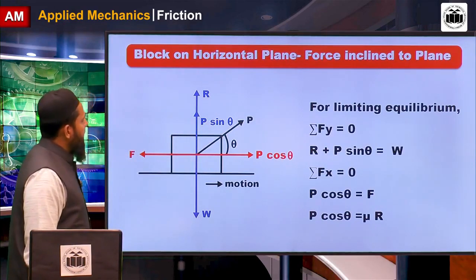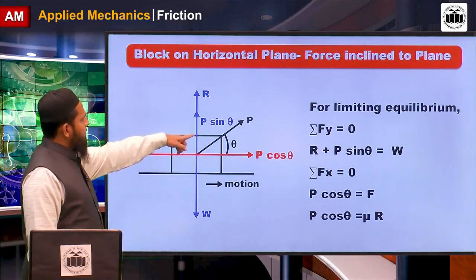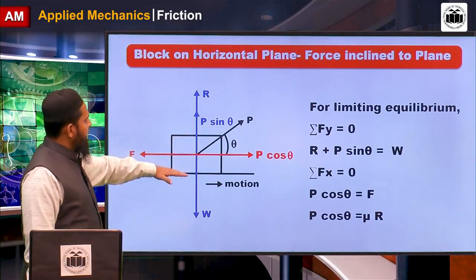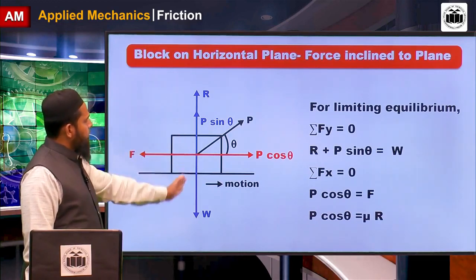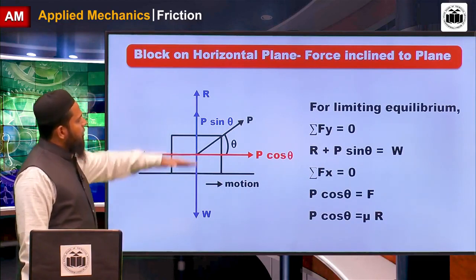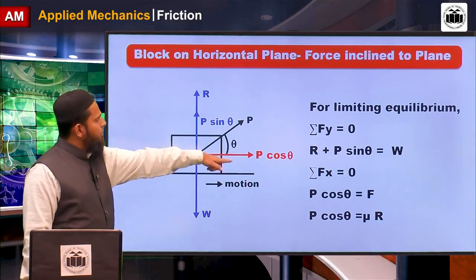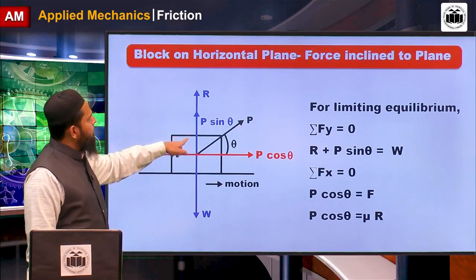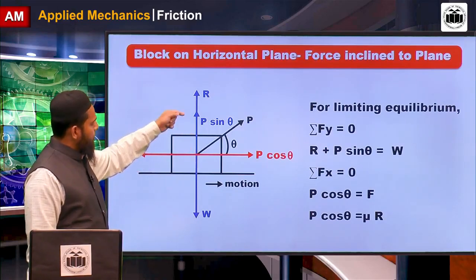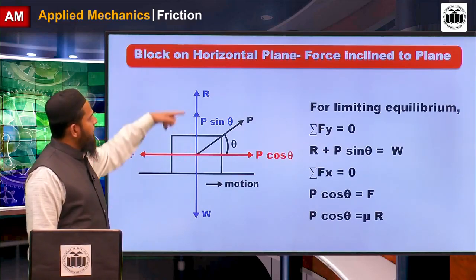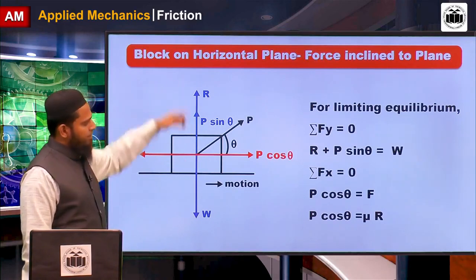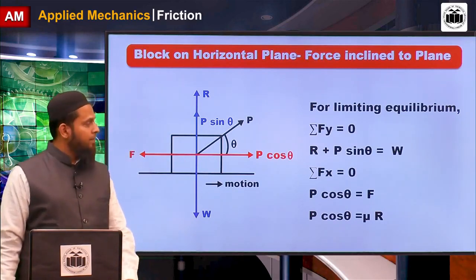In this type of problem, first resolve the pulling force in two directions orthogonally, along the plane and across the plane. Along the plane, the component is P cos theta, across the plane component is P sin theta, with self weight W and normal reaction R, same as it is.